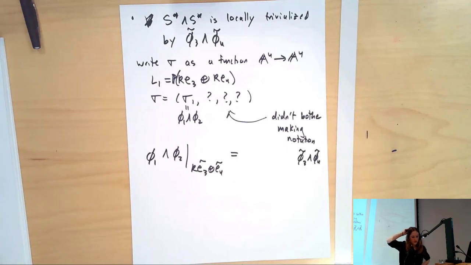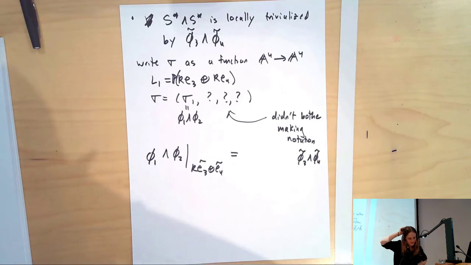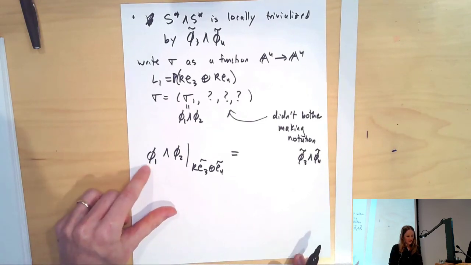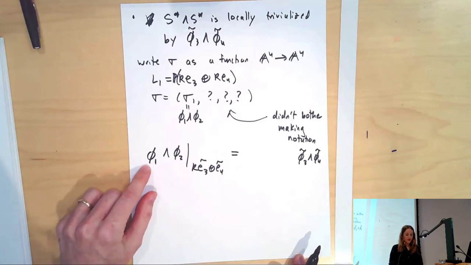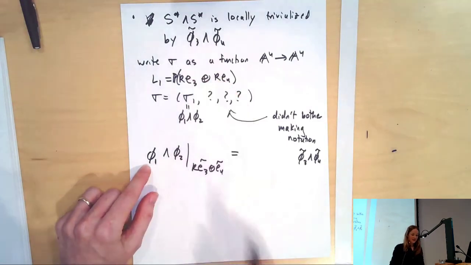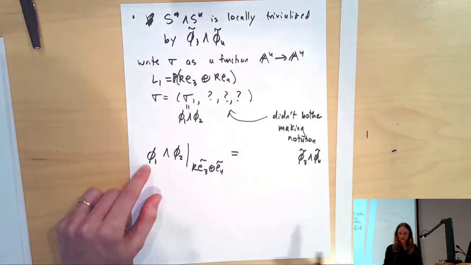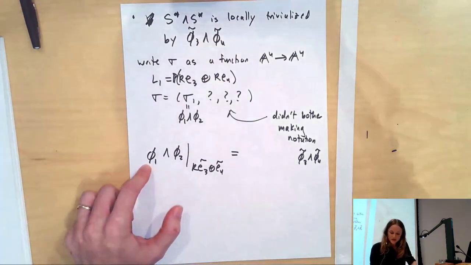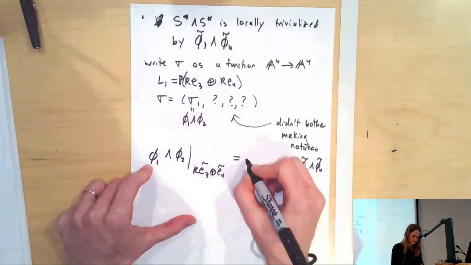To do that, we can evaluate phi 1 on E3 twiddle, because that's exactly how many phi 3 twiddles we need. So phi 1 on E3 twiddle is x.